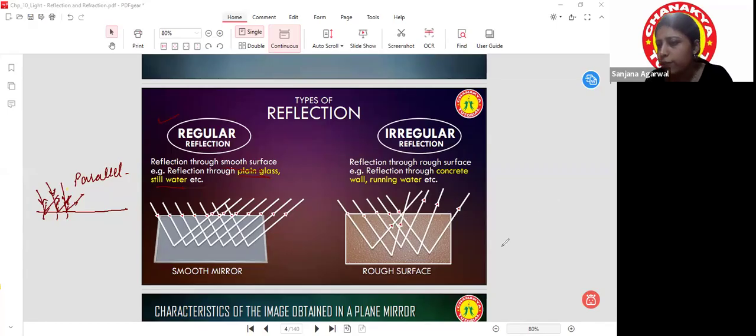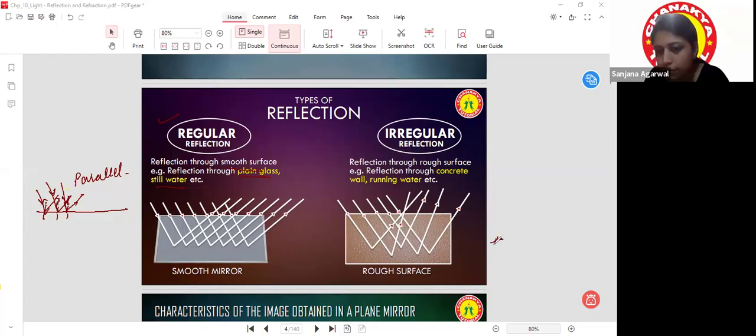Whereas, suppose you take a fabric or a wooden almirah. If you touch the surface, compared to plain glass, do you find any interruptions? Do you find the surface irregular? It does not seem so just by looking at it, but while touching, we can feel that the surface is a bit irregular.